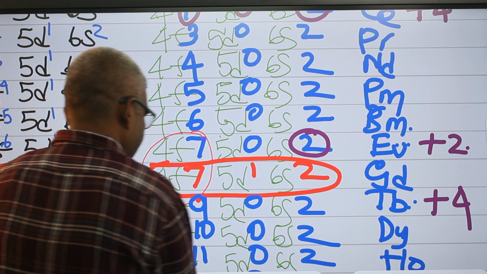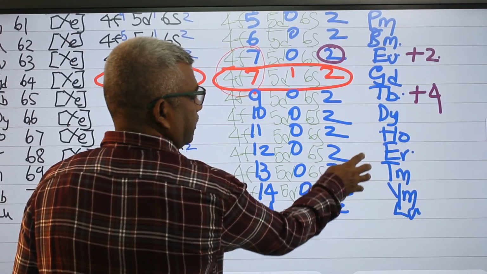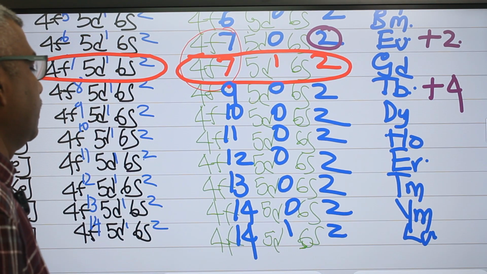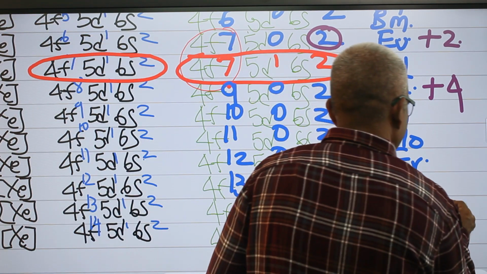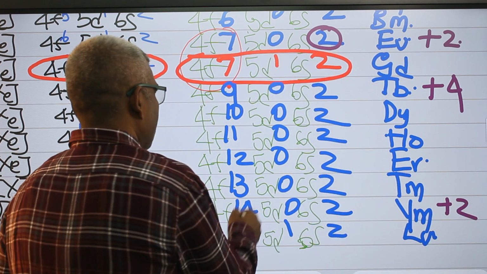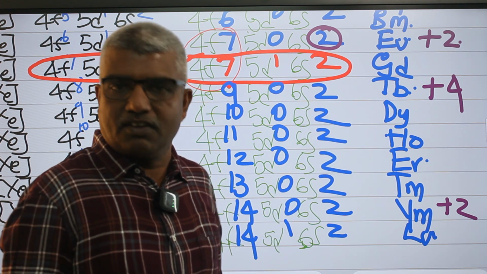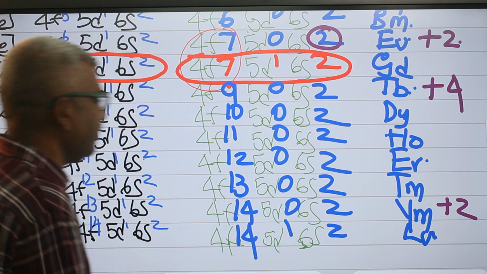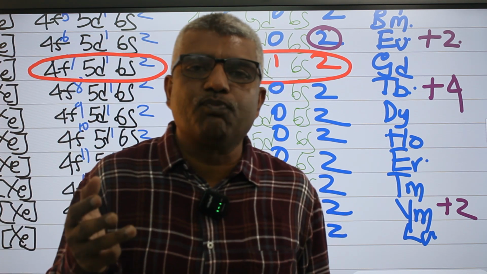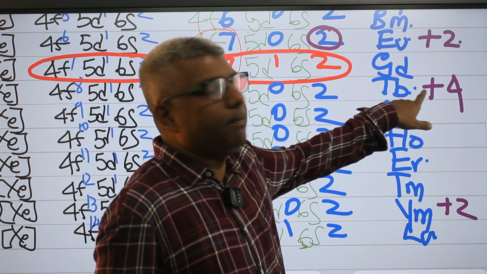Okay. Then come to ytterbium. Ytterbium is +2. Why? 4f14, 6s2. If you take the 6s electrons out, it is ytterbium +2. Got it? So +3 for all the elements. +4 for cerium, and terbium.